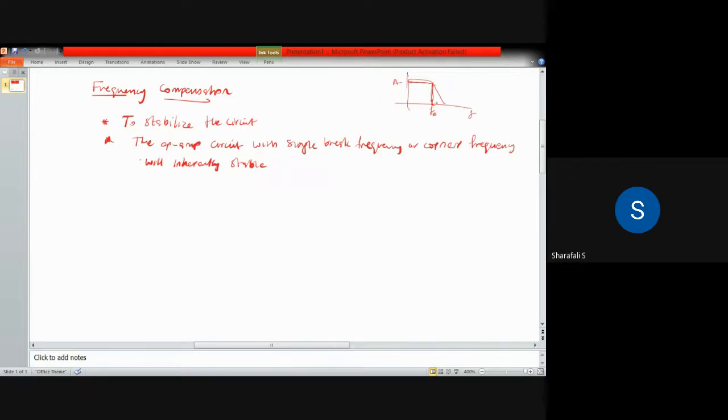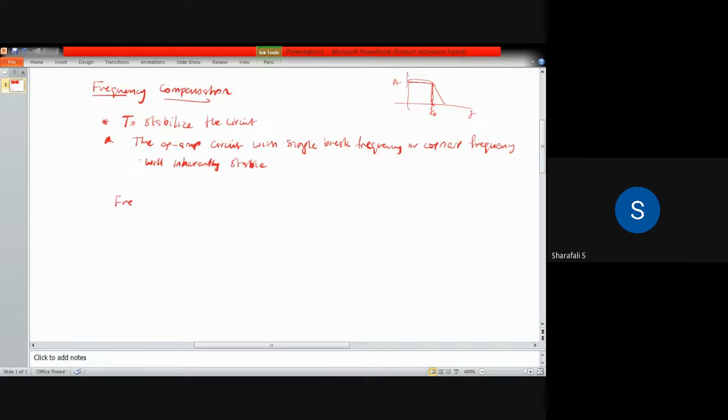This is inherently stable. We do not have to consider frequency compensation. But there are some cases where we will have different numbers of corner frequencies, and the circuit will become unstable in some cases. So the frequency compensation technique is normally used there.